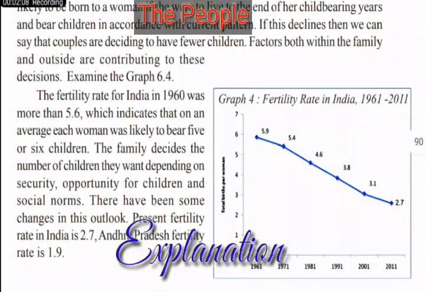The reason why the nano family or micro family is continuing in this generation is security and the social norms. Yes, if there are five children, the land that is owned by the parents has to go for the five equally.